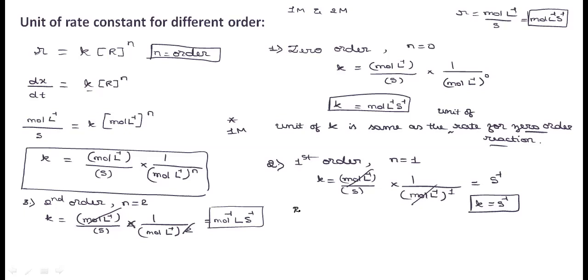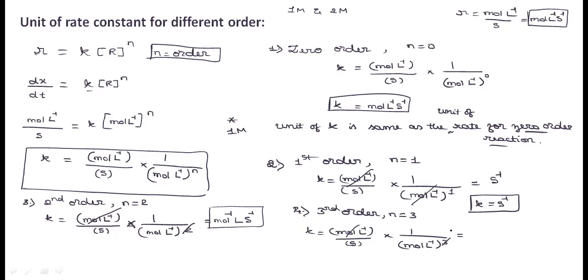Similarly, if you take a third order reaction, where n is equal to 3, K will be equal to mole per liter by second, 1 divided by mole per liter, and power n value is 3. So one power term and this will be cancelled. So hence you are left with power 2 here.